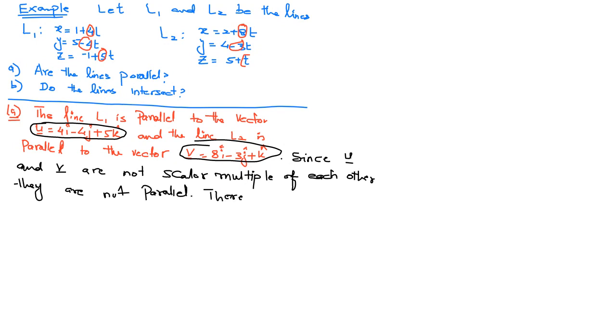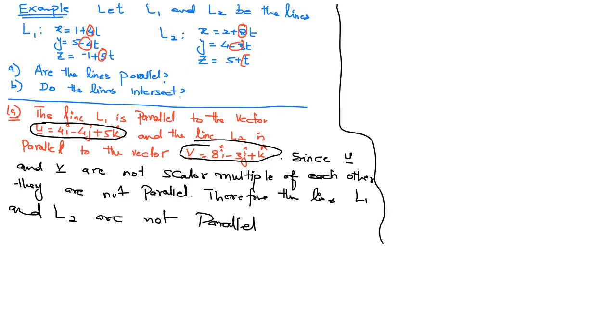Therefore the lines L1 and L2 are not parallel. Understand why they are not parallel? Because they are not scalar multiples of each other.